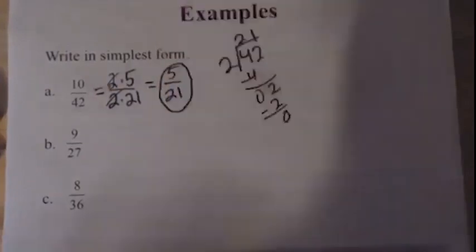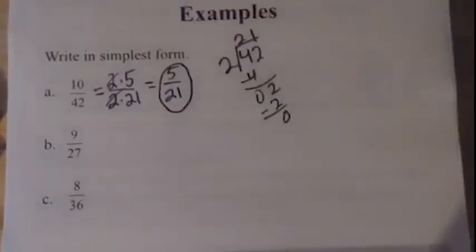So we're going to cancel these 2's. It's going to leave us with 5 over 21. And 5 and 21 have no numbers in common. So 5 over 21 is simplest form.